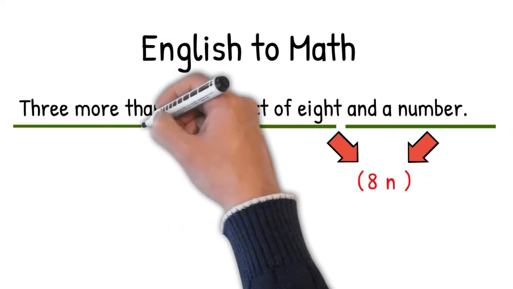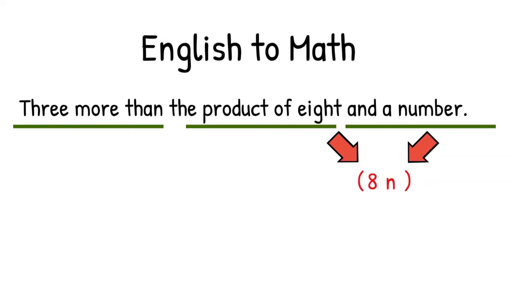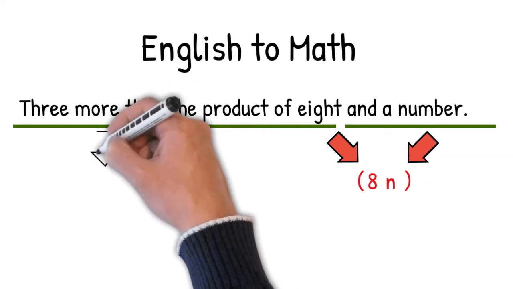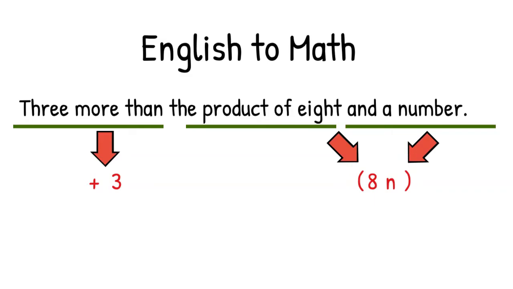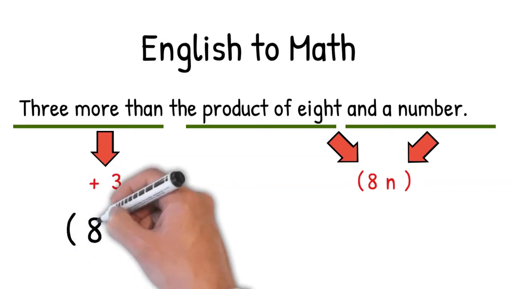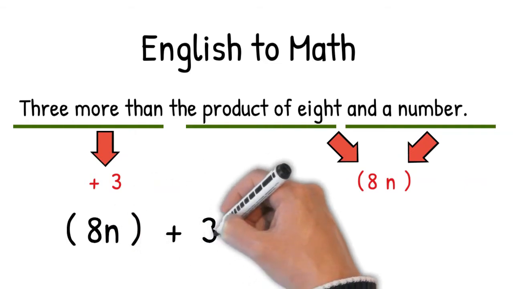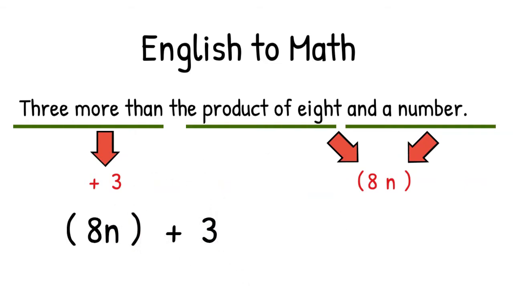Going further in reverse, we need 3 more than the product. More than is keywords meaning addition. So take the product and add 3 to it. Parentheses 8n plus 3. Now, technically, this algebraic expression is correct.